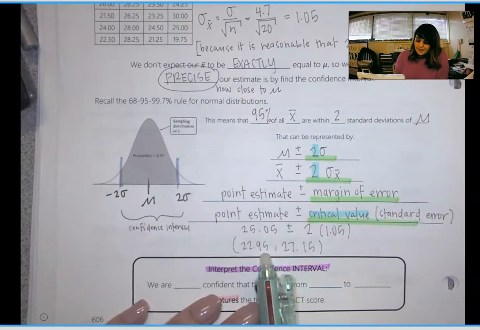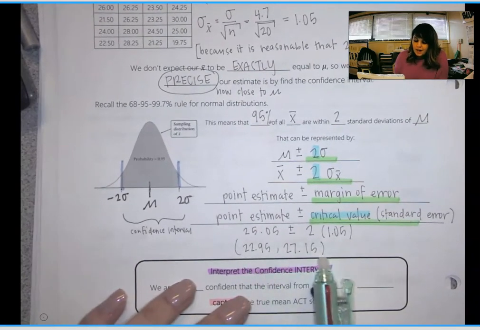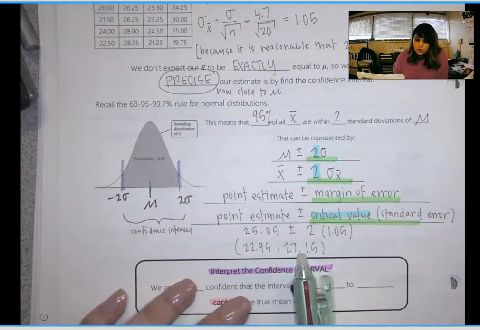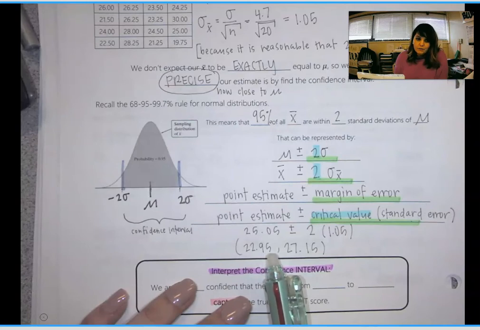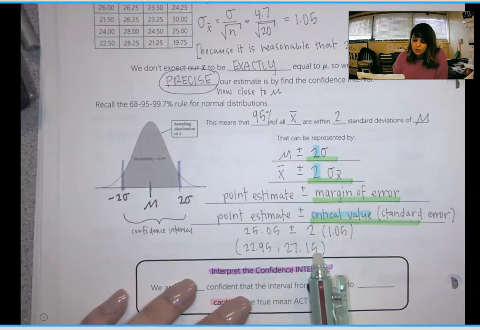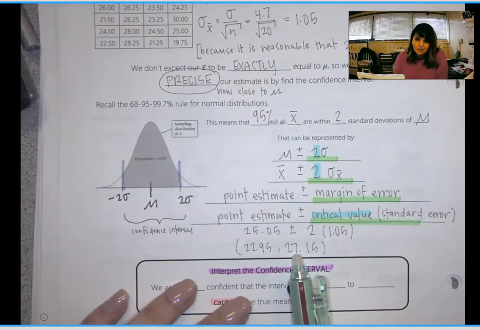So what we can say is we're 95% confident that the true mu is in this interval. We are 95% confident that true mu is in this interval.